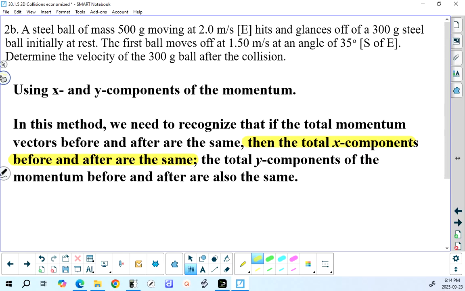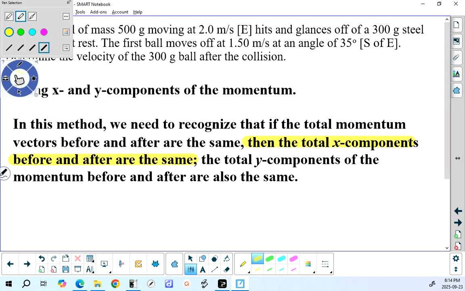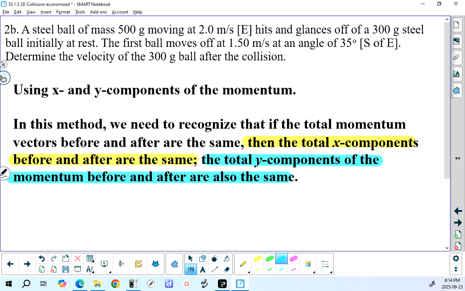So the total of the x momentum before must be equal to the total of the x momentum afterwards, and momentum must also be conserved in the y dimension, which means the total momentum vertically before and after has to be the same. And what we're going to end up doing is taking this problem and breaking it into two equations. One of the equations will talk about x, one will talk about y.